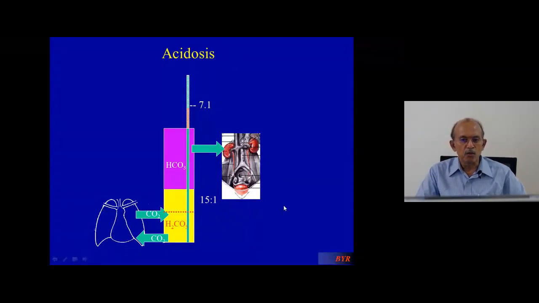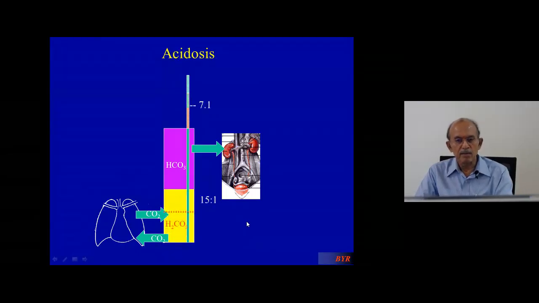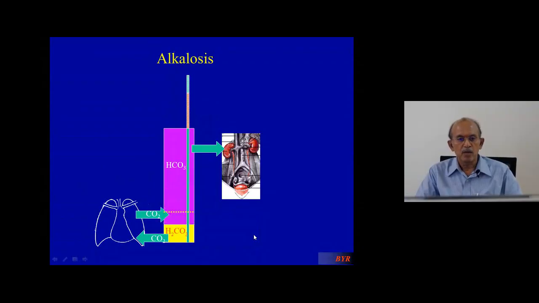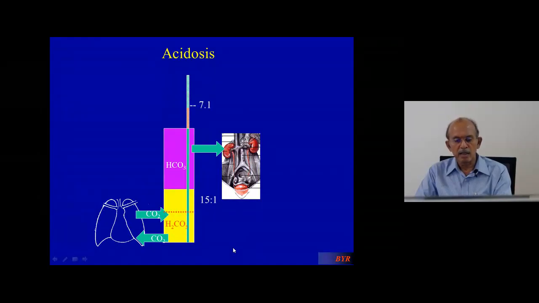In this situation, when carbonic acid is in excess, the lungs will exhale more carbon dioxide outside. The compensatory mechanism I will tell you later. Right now I am telling only about acidosis.